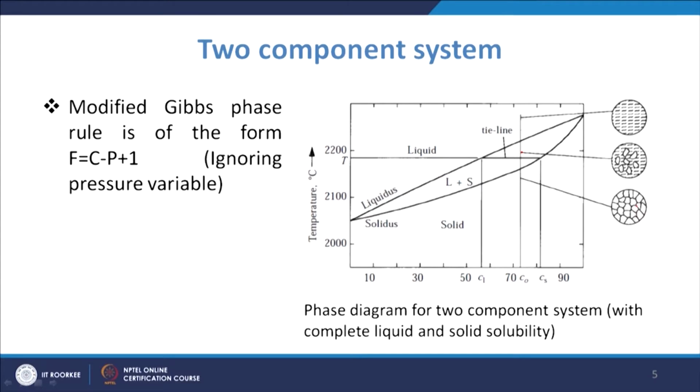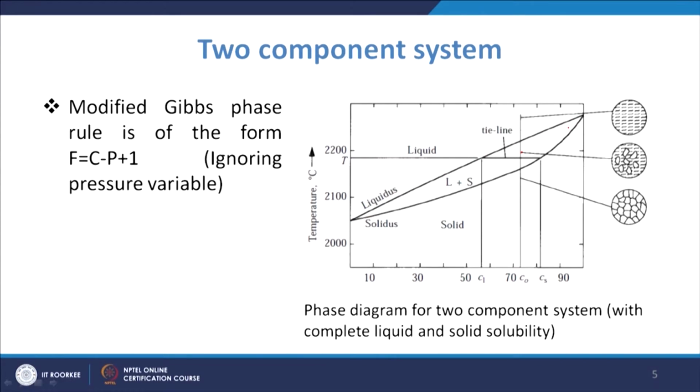Now, what we need to know in this case is that you can see that you have two components. One component has the melting temperature at this point, another component has melting temperature at this point, and as this component percentage increases, you can see that its liquidus temperature will be going on changing.